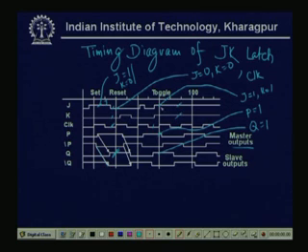See, the inputs become stable, J equal to 1 and K equal to 1, they are fixed, but still the output of the first latch becomes 0, 1, 0, and the slave output also changes 1, 0, 1, in that way it is changing.